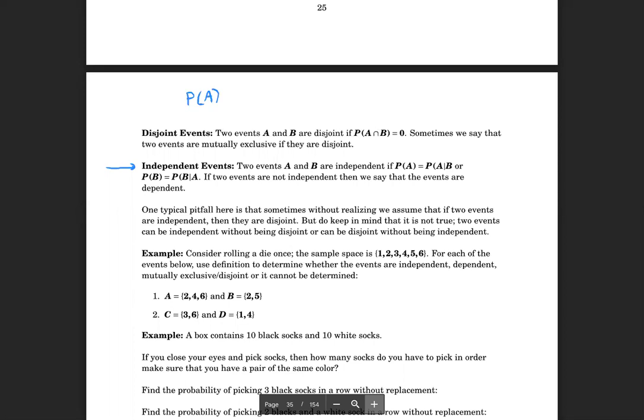The probability of A is the same as the probability of A given that some other event B has happened, or the probability of B is the same as the probability of B given that some other event A has happened. Now, there is a problem here in the homework where you cannot put this parenthesis. Look here, I'm missing that for some reason. In that particular problem, you cannot close this parenthesis.